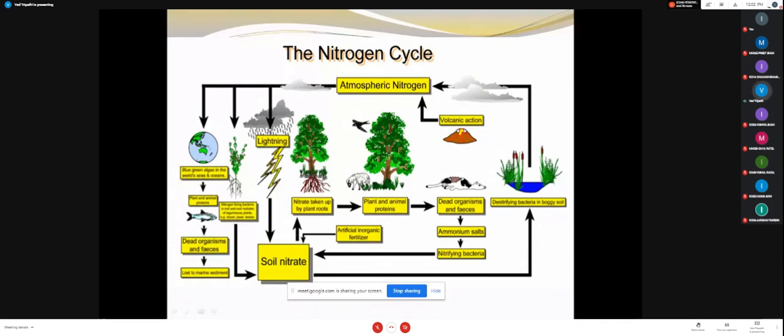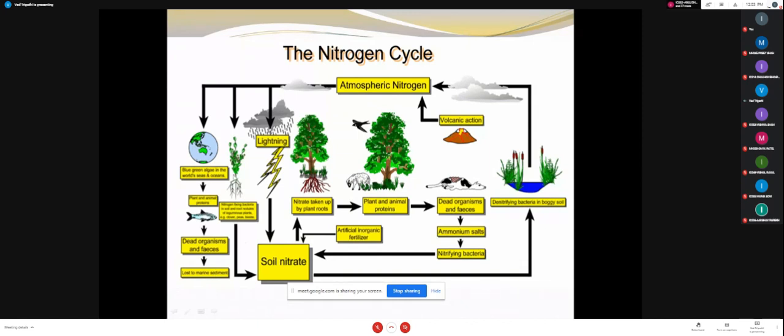Then there is blue-green algae in the marine environment, which also absorbs the atmospheric nitrogen, and then it is eaten up by the plants, and they are converted into animal proteins. And again, when these animals and other organisms decay or die, it leads to deposition of these nitrogenous compounds into the marine sediments.